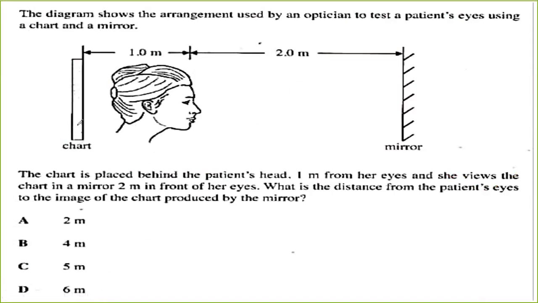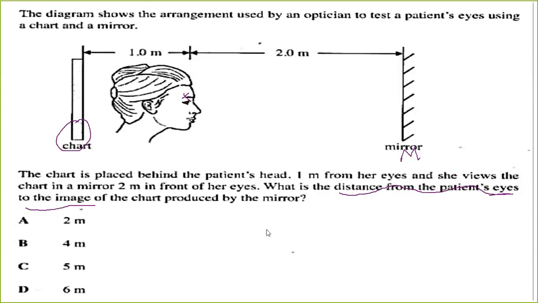This is the chart, okay? This is going to be considered our object, okay? The chart is the object. And it's placed 1 meter from her eyes, and she views the chart in the mirror 2 meters in front of her eyes. So this is our mirror. What is the distance from the patient's eyes to the image of the chart produced by the mirror?